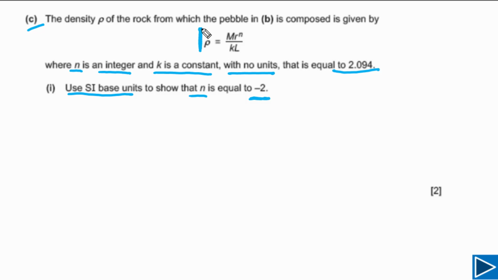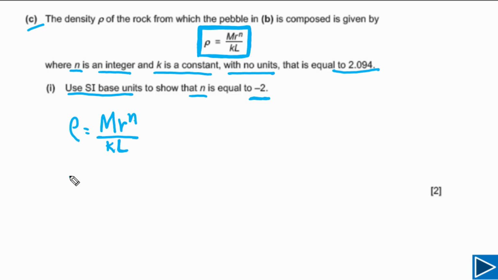If we look at this equation, it is actually a homogeneous equation, so it simply means that the units on both sides are the same. The units on the left side are equal to the units on the right side. We will use this principle to answer. First of all, let me rewrite this. m times R to the power of n, where R is the radius, m is the mass, K is a constant with no units, and L is the length.